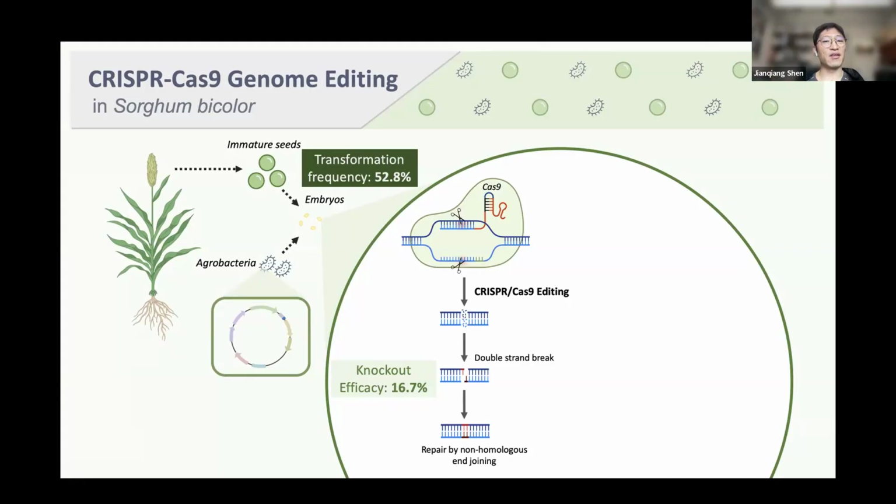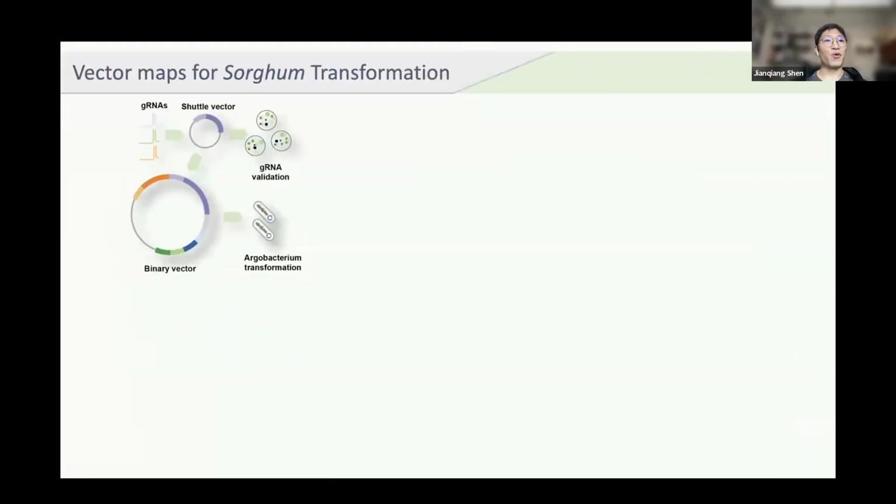But in sorghum, there is one limit, which is the knockout efficiency. Previously in our paper, we reported about 17% editing efficiency, but we would like to improve that to a level we can use. Okay, so we developed this shuttle and binary vector.